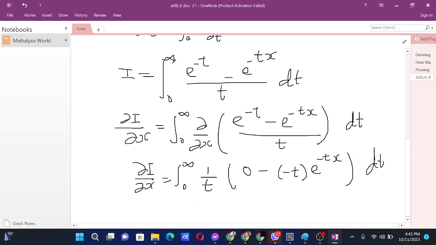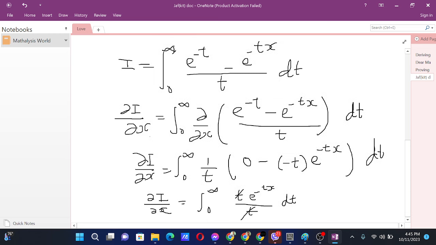Now you can see that we are going to have some nice cancellations. dI/dx equals the integral from 0 to infinity of t e^(-tx) over t dt, and these t's are going to cancel out.